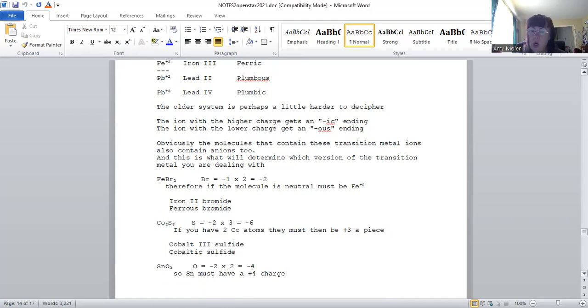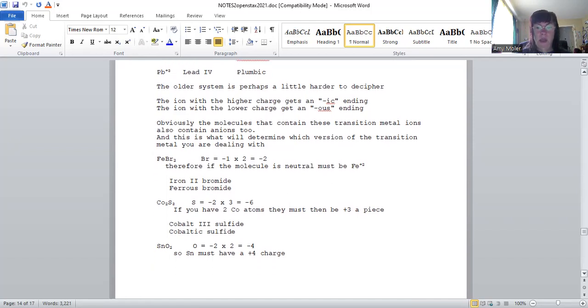The one with the lower charge gets the -ous ending. But note, this presupposes that you actually know what your options are. Like I said, there's a certain level of just brute force memory to this.